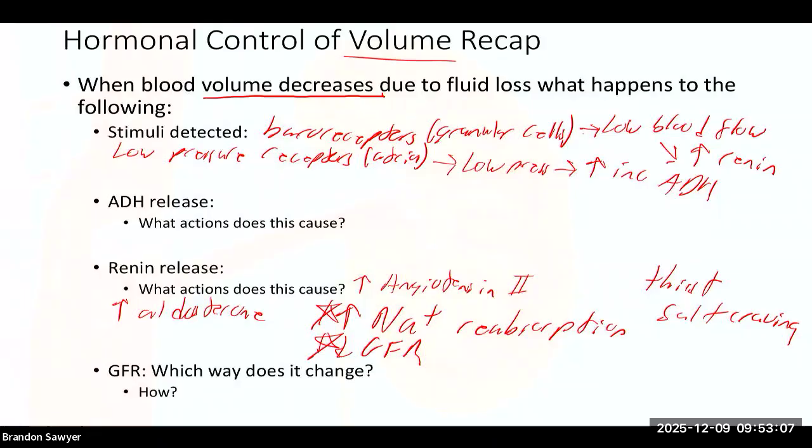Then we've got ADH release. We're going to increase ADH release here as well, and again, we're going to increase water reabsorption, most of that at the collecting duct. We can also go back to that ADH or vasopressin slide where we had all of the actions.